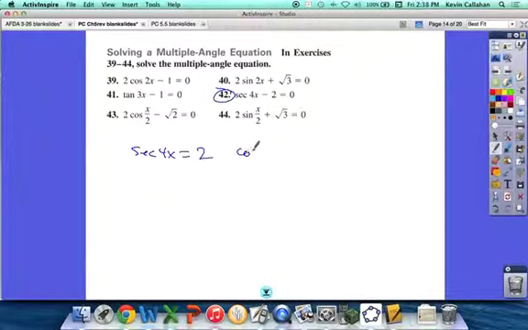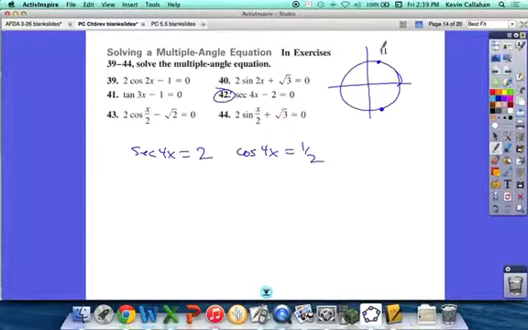Cosine of 4x equals 1/2, right? Okay, so again, how do we deal with this at this point? Do I divide by 4 inside the function? No. Figure out where 1/2 is on the unit circle. Cosine equals 1/2, okay? So where is that? Pi over 3, 5 pi over 3.